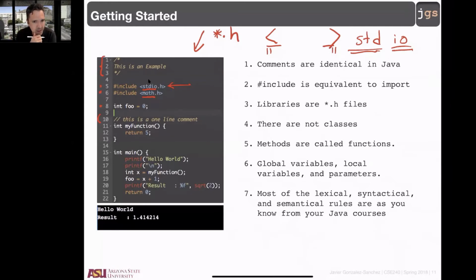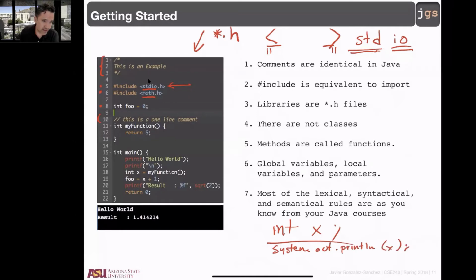Important thing, do you remember what happened in Java when you create a variable x without any initial value? What happened in Java if I have a variable x and then I do a System.out.println of x? What is going to be printed if I never put a value in the variable?